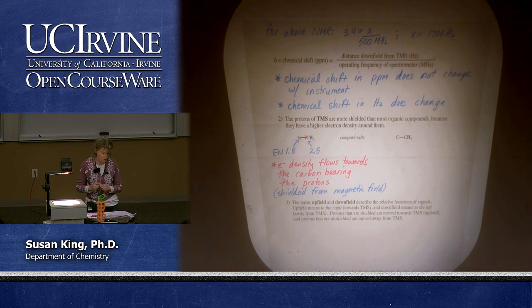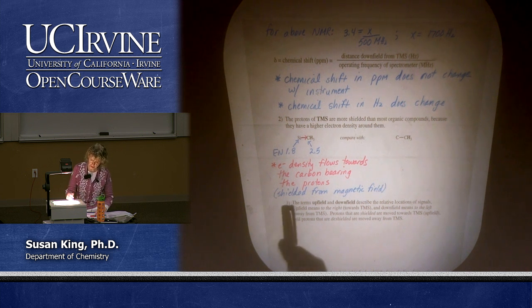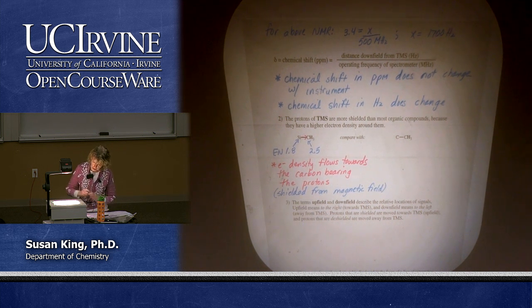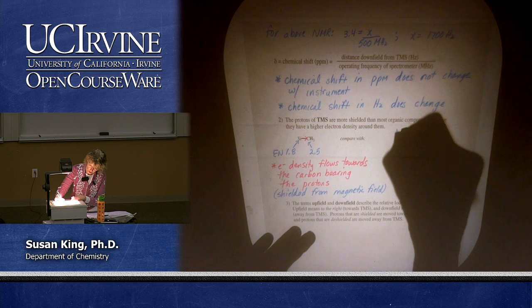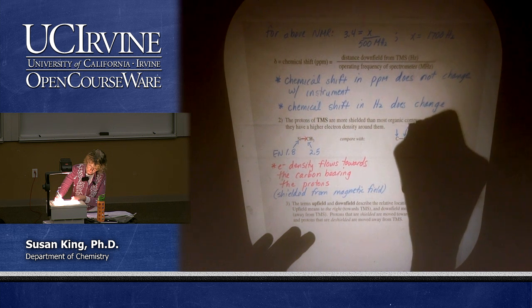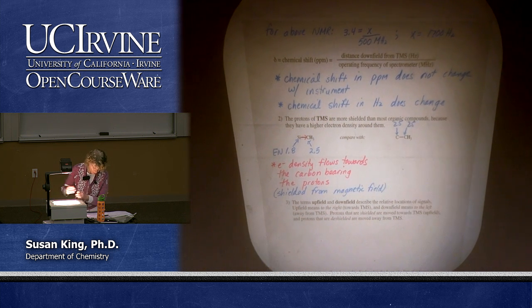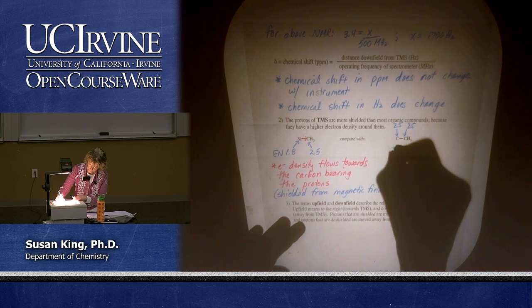Remember our analogy: the 500 megahertz magnet is the cold, we're in the Arctic, and the electron density around the proton protecting it from that full magnetic field is like wearing a fur coat. So these are going to be the most shielded from the magnetic field. If you compare that to just a regular carbon-carbon bond, we have 2.5 and 2.5, so electron density is not flowing towards the carbon bearing the protons.